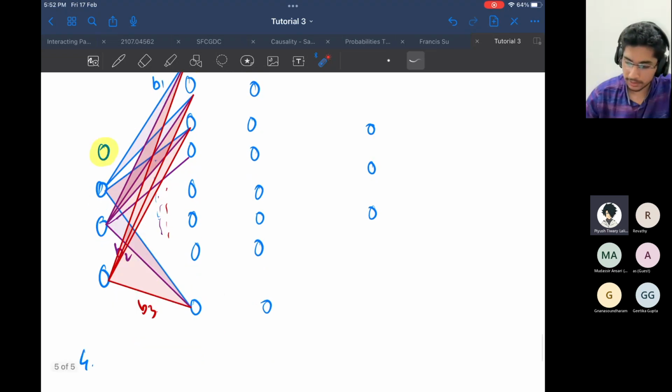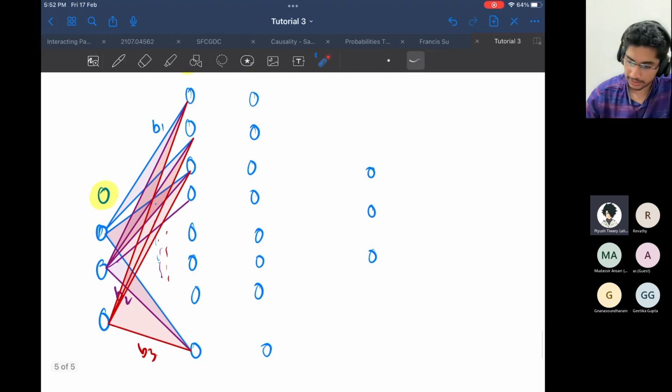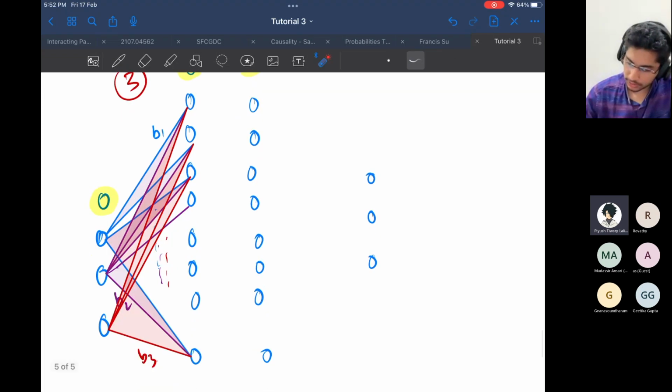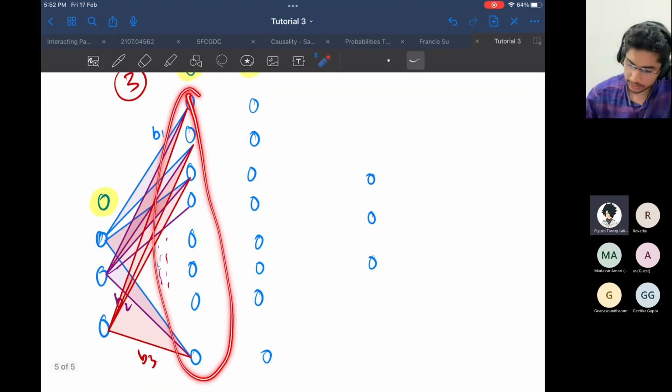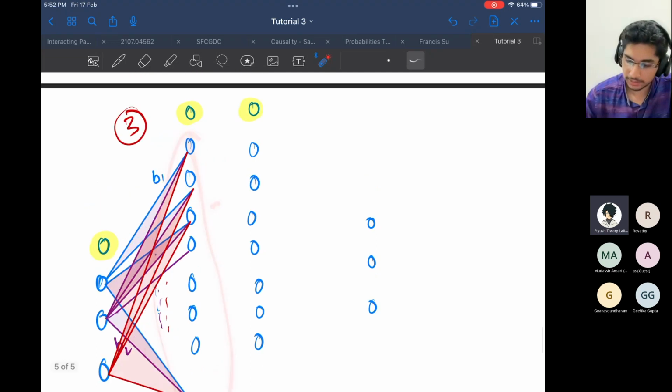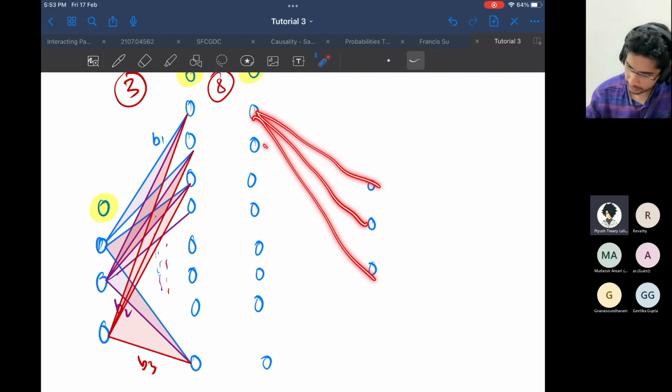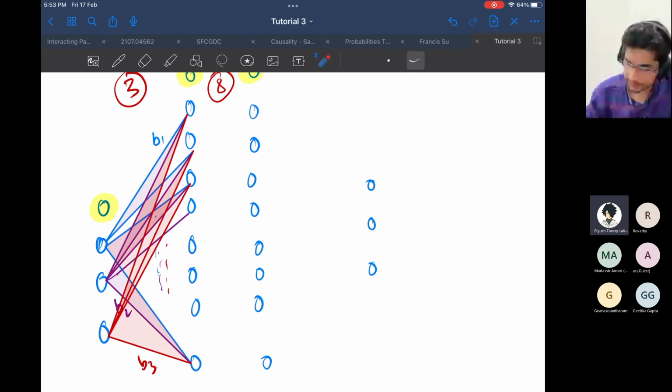So how many bias terms will be in the second layer? Let me count. Here it was three. By similar logic, you have eight neurons here, so you will have eight bias terms here. Similarly, you will have connections here like this. This will have one bias term, this will be connected to these, this will have another bias term.